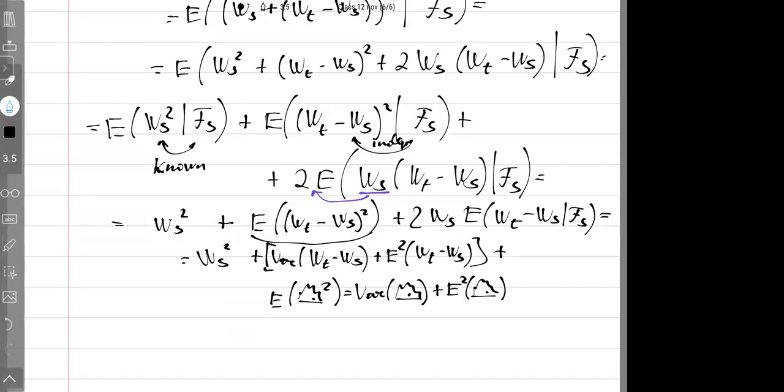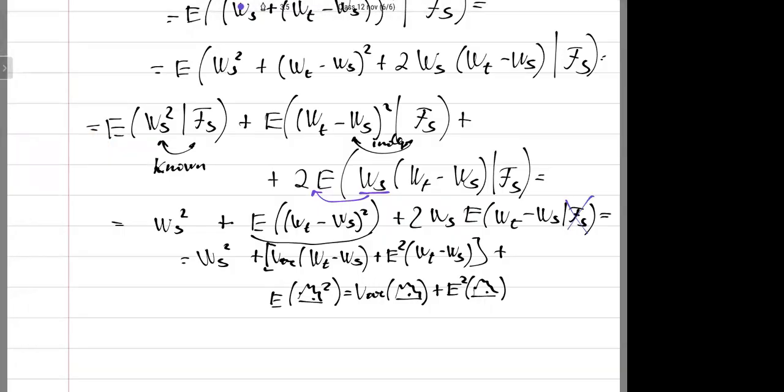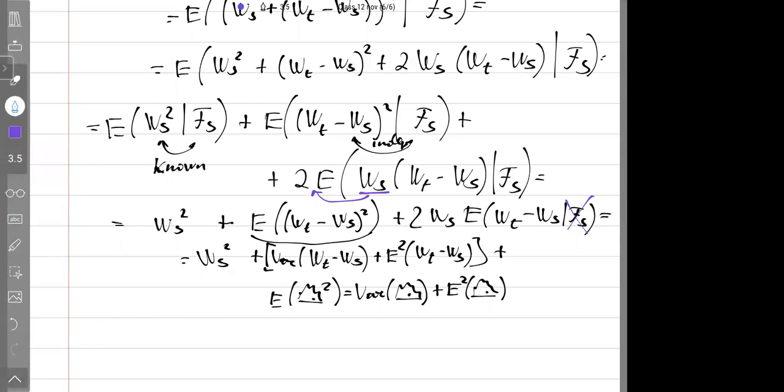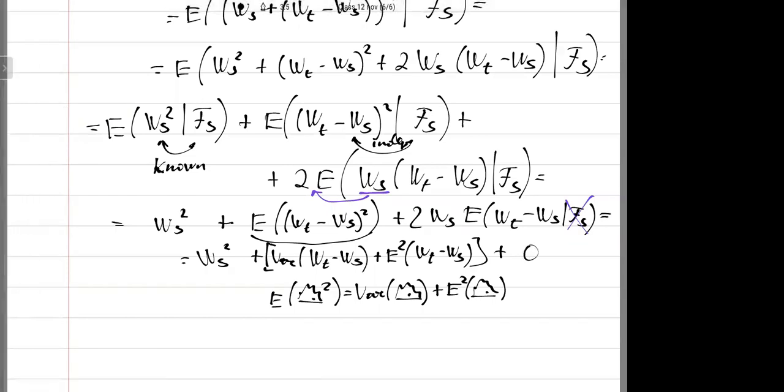And here once again, I can omit all information I have because it's useless to predict future increment, and expected value of future increment is 0, so it will be 0. And finally, I have WS squared plus T minus S.